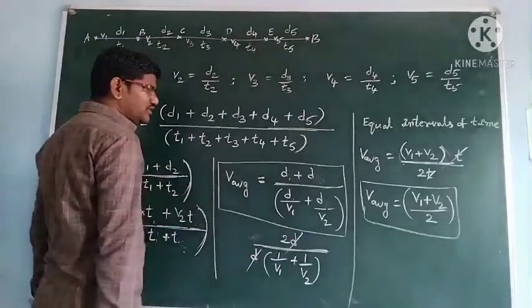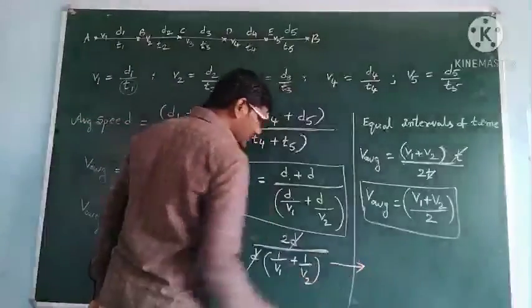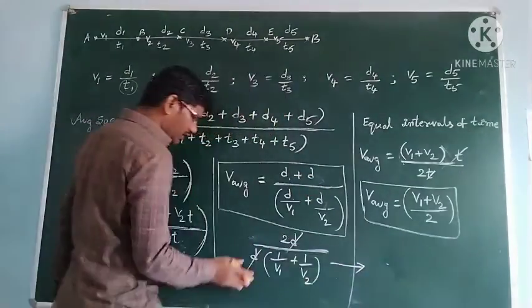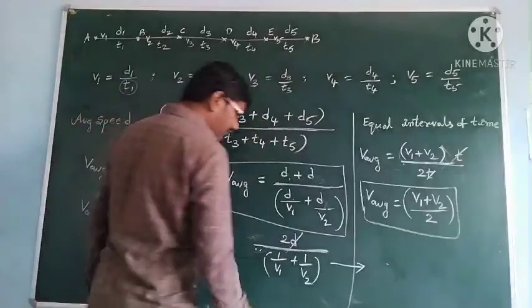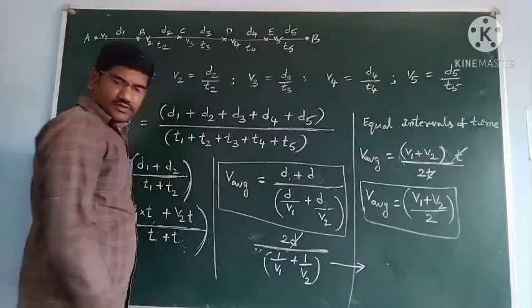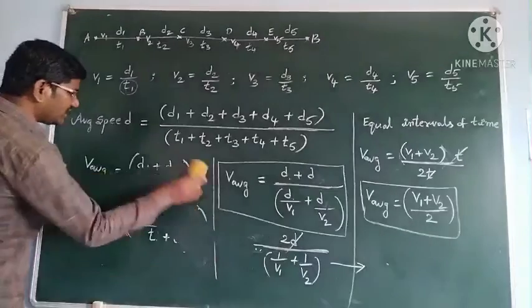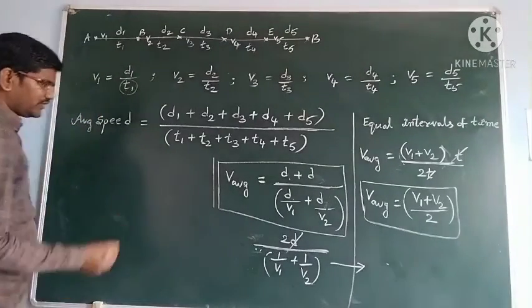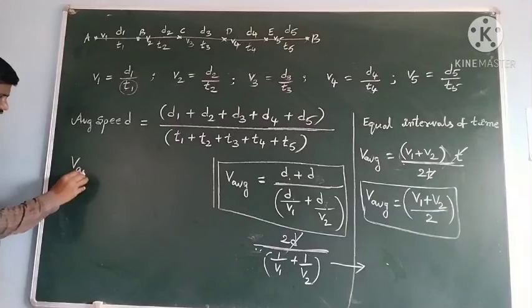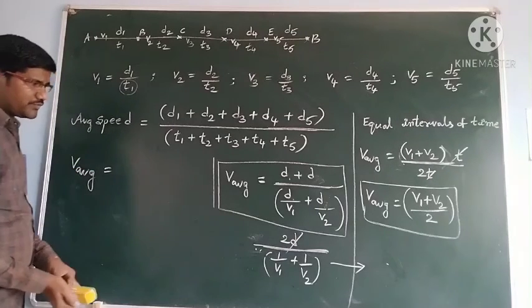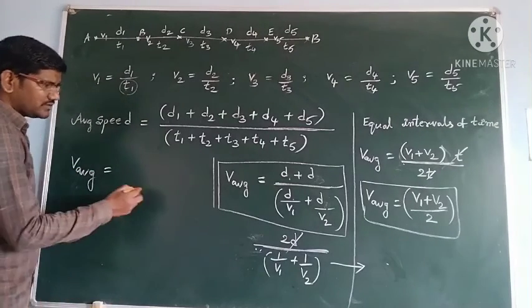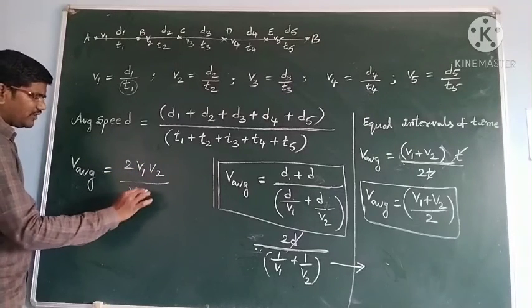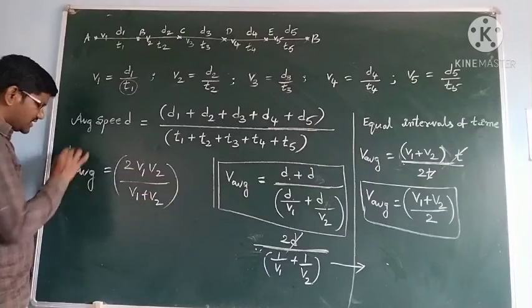If you follow this, what formula will we get, you see students? V average is equal to 2 V1 V2 by V1 plus V2 for equal distances.